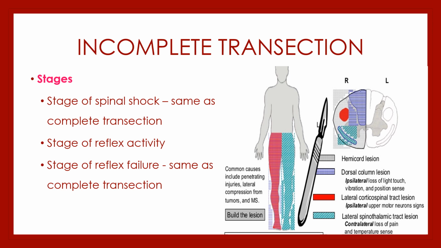The effects of the incomplete transection can also be divided into three clinical stages: stage of spinal shock, stage of reflex activity, and stage of reflex failure. The stage of spinal shock and the reflex failure are similar to the complete transection, whereas the stage of reflex activity differs completely.